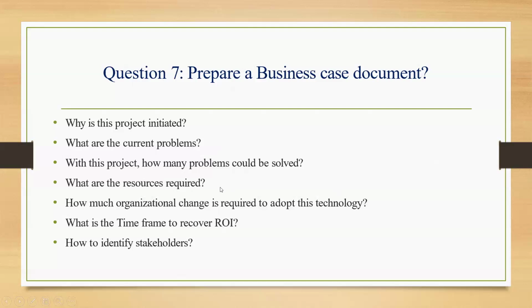And what resources do you require for this project, how much organizational change is required to adopt this technology, what is the time frame needed to recover the return on investment, and how did you identify the stakeholders. Likewise, you need to answer all these questions as per the online agriculture store. That is all about your business case document.